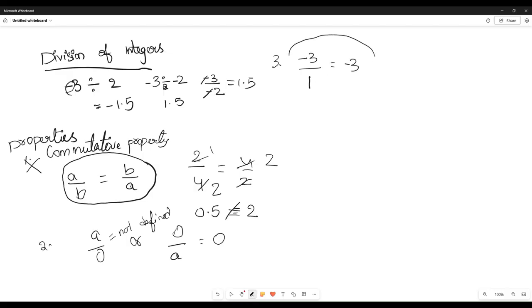There is no change, because if you divide or multiply by 1, we get the same number. But if you add, it changes. So we can write the formula A divided by 1 gives A.